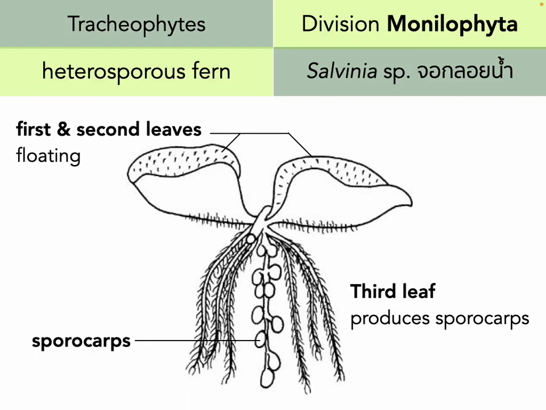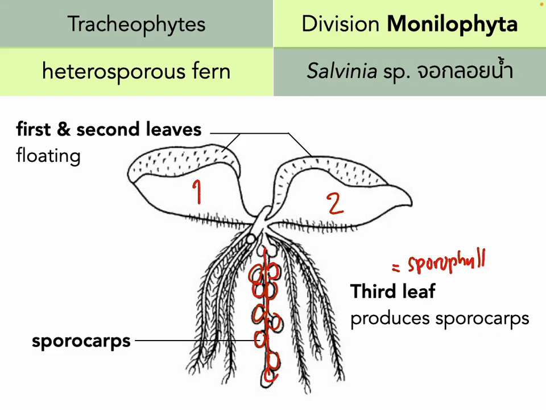So Salvinia has the most ridiculous structure. They have 3 leaves, 1, 2, and 3. The third leaf becomes the leaf that produces spores. This is the sporocarp. So this acts as a sporophyll. So they have 1, 2, and the third leaf here, hanging in the water.